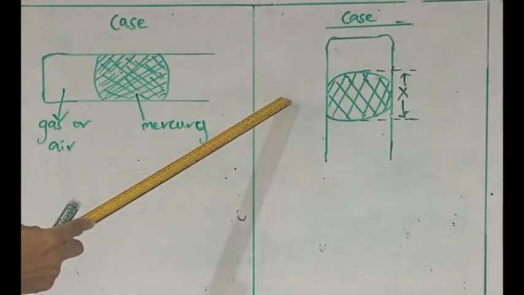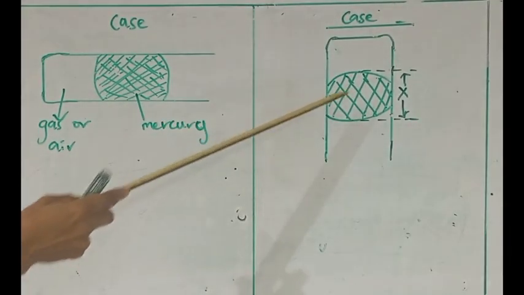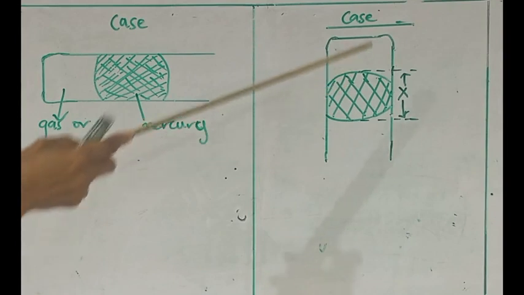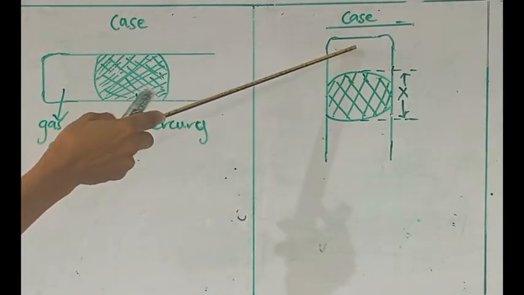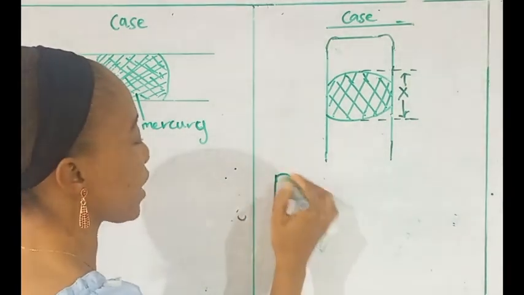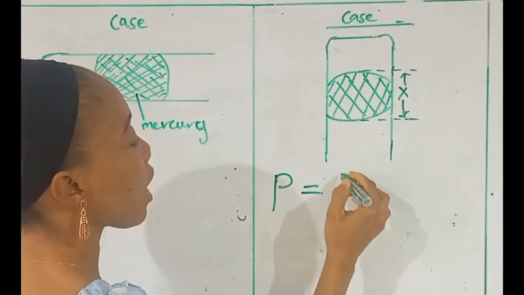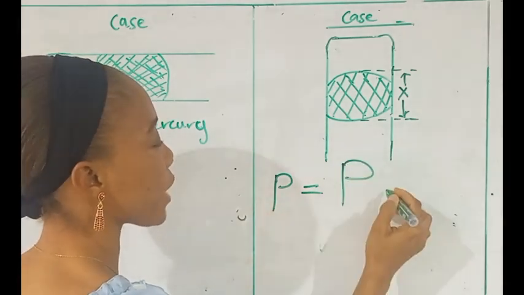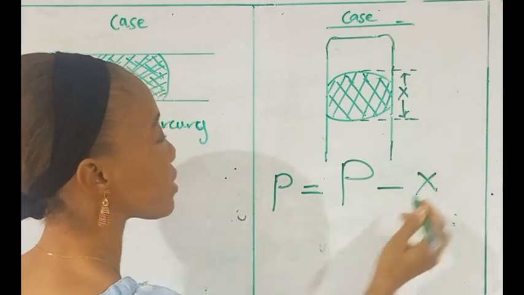This is the second case, when the tube is inverted with the closed end on top. In this case too, the pressure exerted on the gas, P, is equal to atmospheric pressure minus that height.